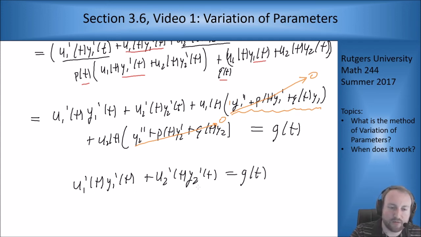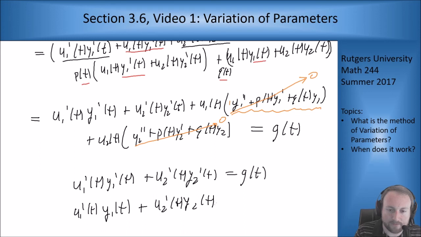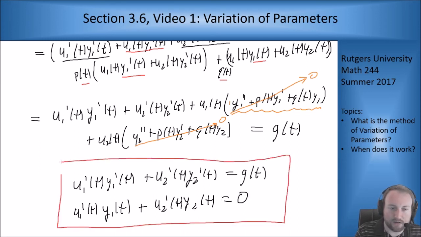My condition from before, an assumption we made partway through the proof, was that u1 prime of t, y1 of t, plus u2 prime of t, y2 of t equals 0. And this is what I want to solve for u1 and u2 to get my coefficients to give me my non-homogeneous solution.